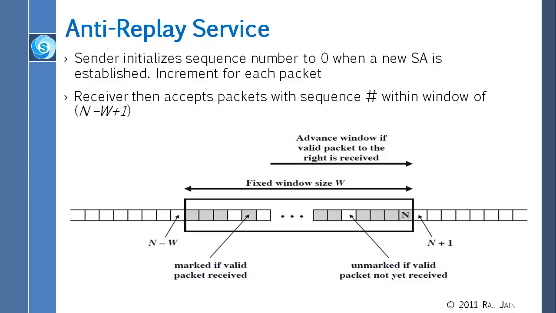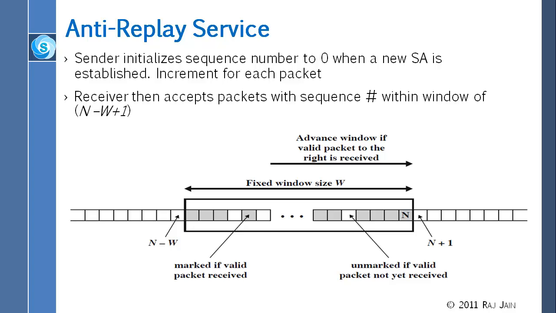And so you just keep a fixed size window, and you move it as soon as you receive valid packets, so that everything before that is valid, already received. If you receive anything out of the window, you throw it away. If you receive any older packets, you throw them away. If you receive any packets which are too far in the future, throw them away.